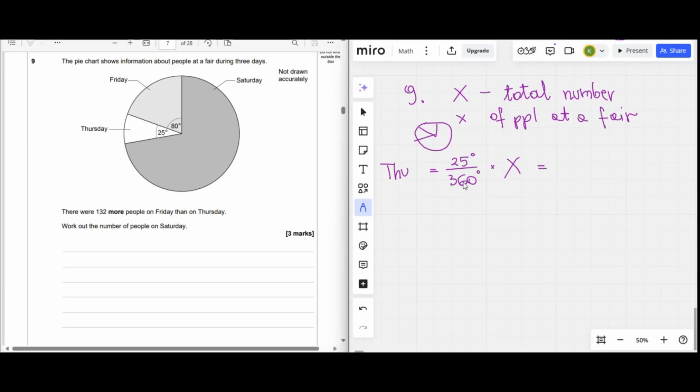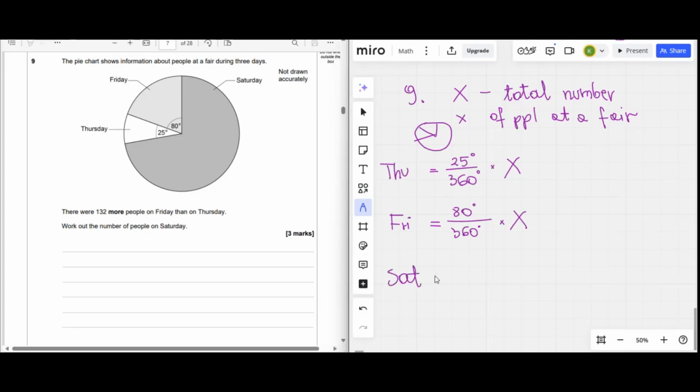And that 25 divided by 360, no, we can simplify this, we can cancel that down, but I'm not sure if we would need that common denominator later, so maybe let's skip that. On Friday, the fraction of our people would be 80 divided by 360 times total number of people at the fair.